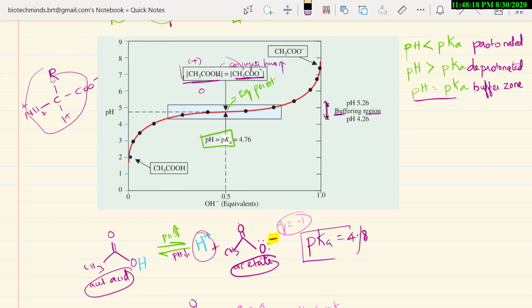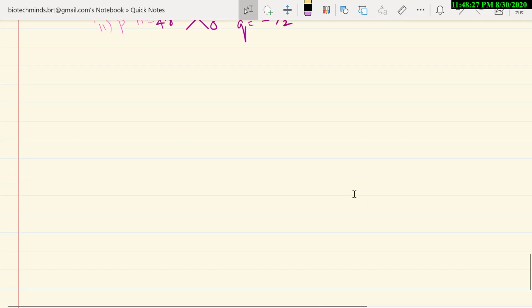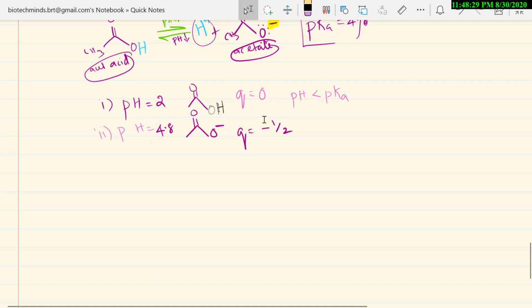So we have to calculate the charges and then add them, and here it will be roughly around minus half. So it is partially negative at the pKa. This will change for each and every molecule; we will see in amino acids also. I am telling this for acetic acid only: at the pKa value it will be minus half.